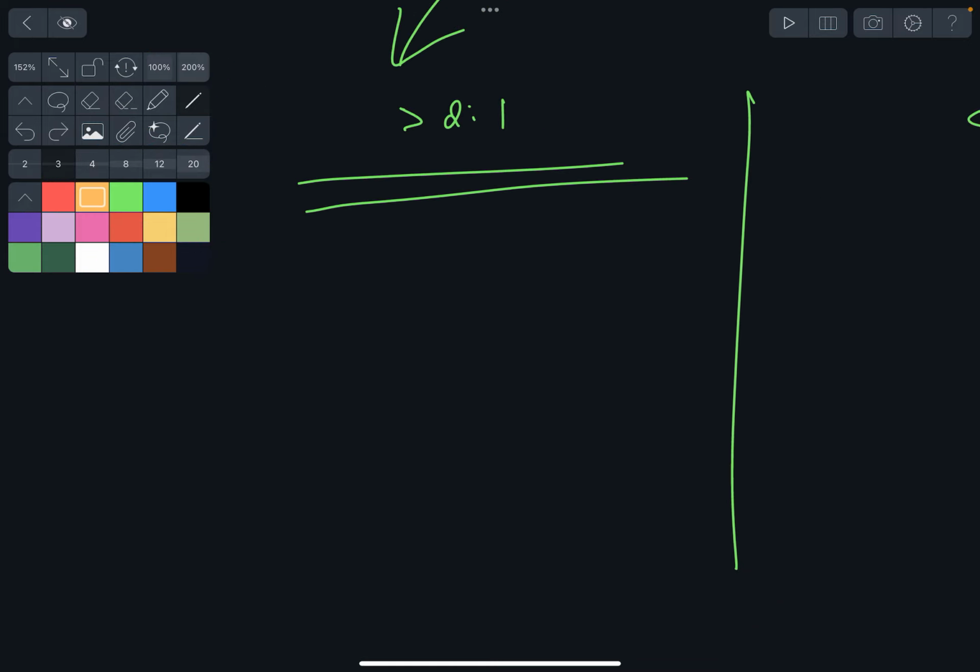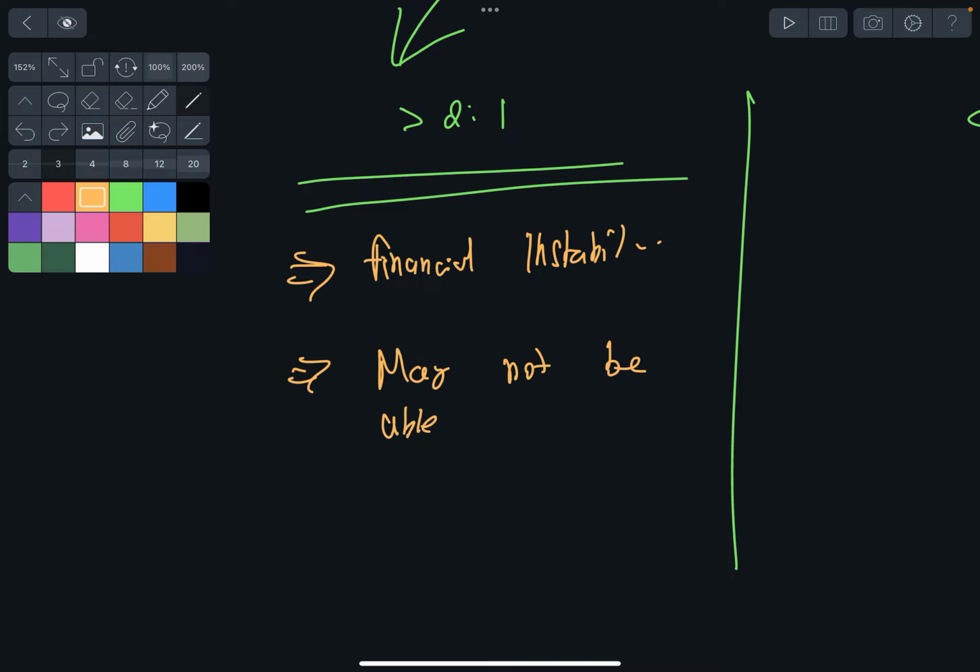So a ratio below 1 to 1, as I said earlier, indicates financial instability. The business may not be able to meet its short term obligations. It's as simple as that.